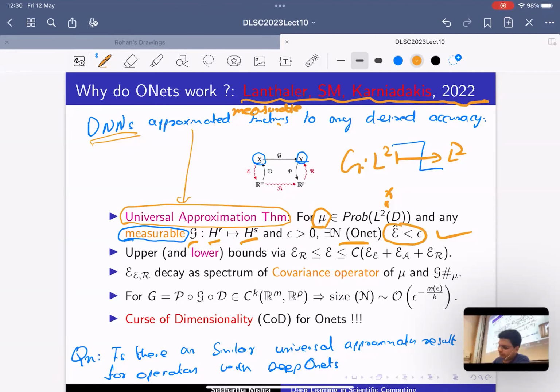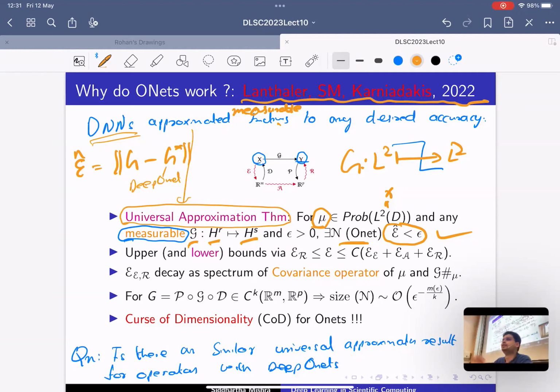So E hat is the error between G, which is your underlying operator, and G star, which we can call your DeepONet.